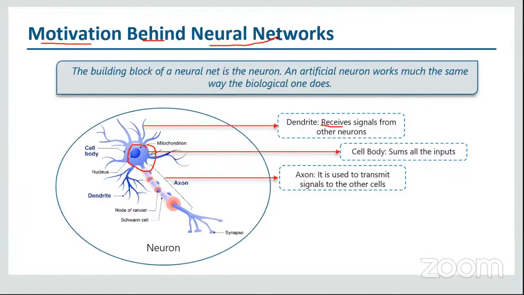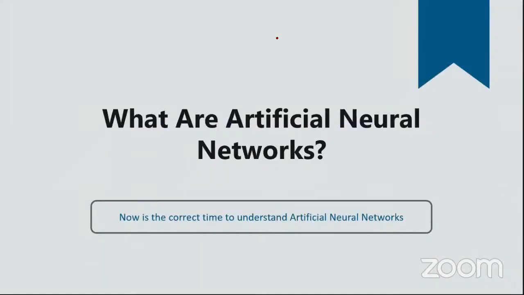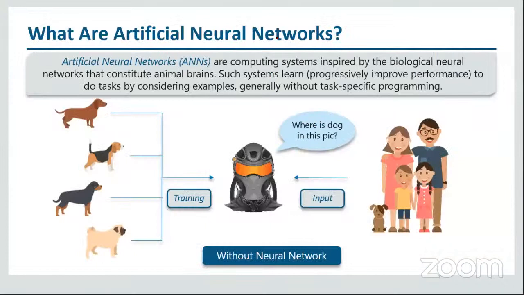Now what we do here is an apple to apple build, right, to get our artificial neural network. Where our artificial neural network brings a very helping hand is in this image.